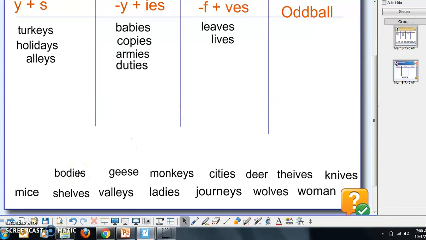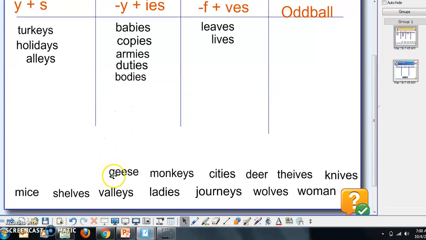Let's keep going. The next word is bodies. The singular version of the word bodies would be body. What would I need to do to make it plural? Look at the ending of the word. You guys are getting really good at this. I would have to add IES.